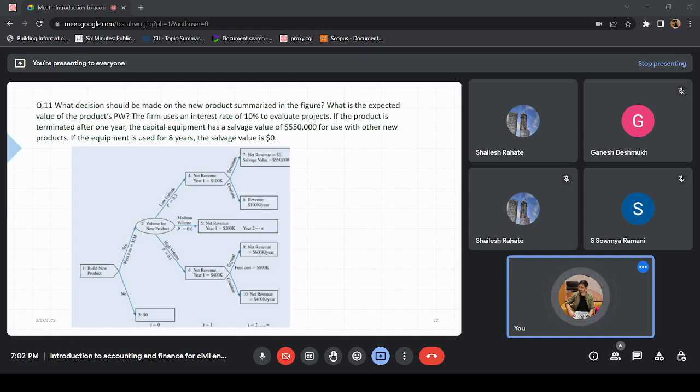Anybody who has not done such a question? Okay, what is a decision tree? Anybody?